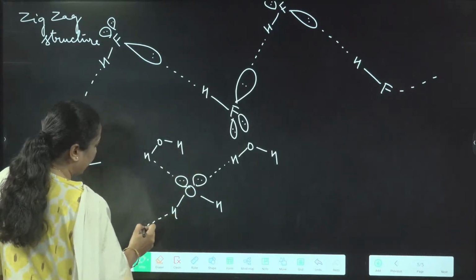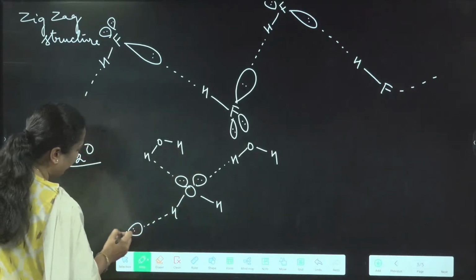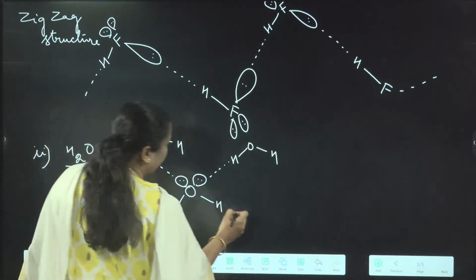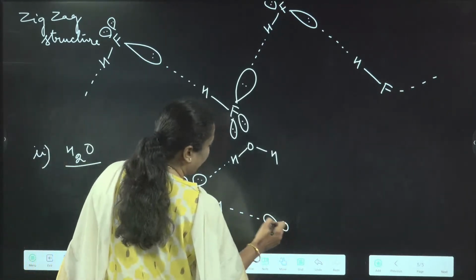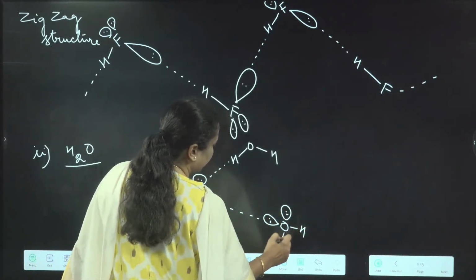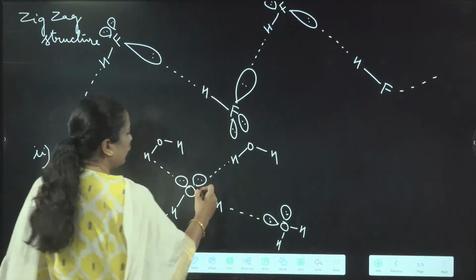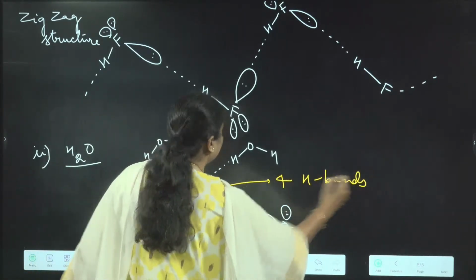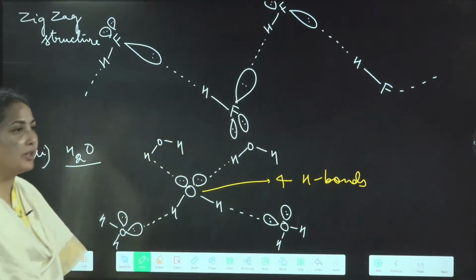And then again one hydrogen requires one lone pair of electrons. Here also it requires one lone pair of electrons. Are we able to see this? So you will be able to see one water molecule is making four hydrogen bonds, and it will be tetrahedrally surrounded.